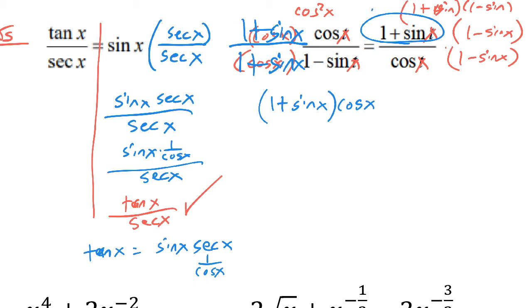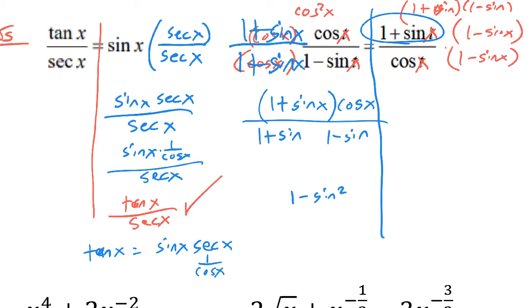I'm not even going to touch the right side. And then over 1 plus sine times 1 minus sine, which is 1 minus sine squared, and on top, 1 minus sine squared is cosine squared. And then that's all over 1 plus sine x and cosine.